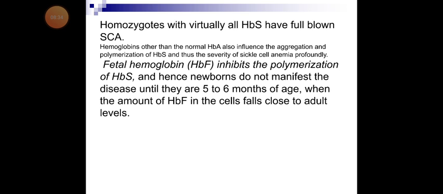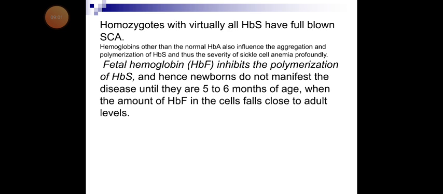Homozygotes with virtually all hemoglobin S have full-blown sickle cell anemia. Fetal hemoglobin inhibits the polymerization of HBS, and hence newborns do not manifest the disease until the age of 5 to 6 months, when the amount of HbF in the cell falls close to adult level. So remember, children up to 6 months do not manifest sickle cell disease because HbF inhibits it.